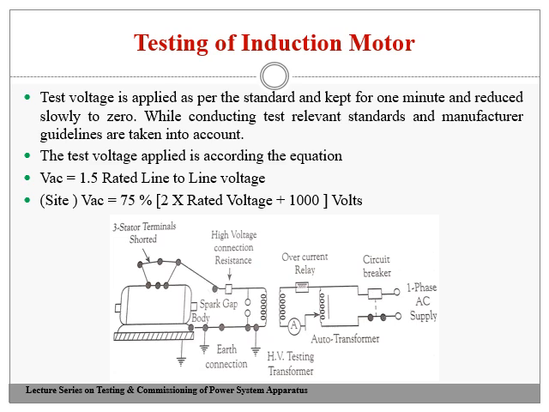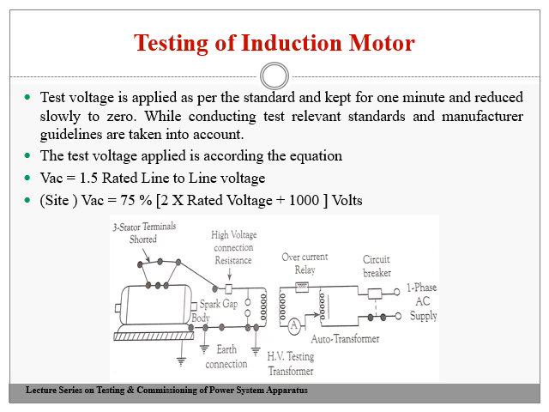Then all the other parts are grounded. The high voltage, depending upon the standard 4029, will be applied across this. If it withstands the voltage applied for 1 minute, then we say that the induction motor has withstood the particular voltage which is applied.